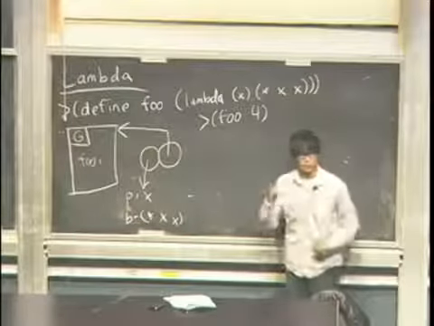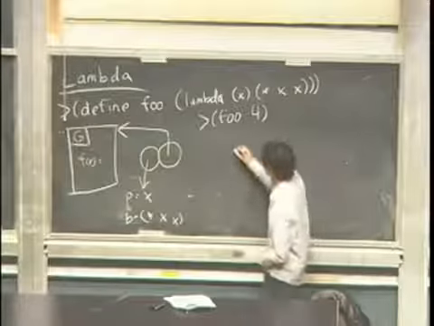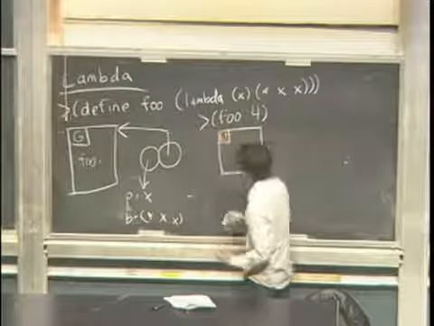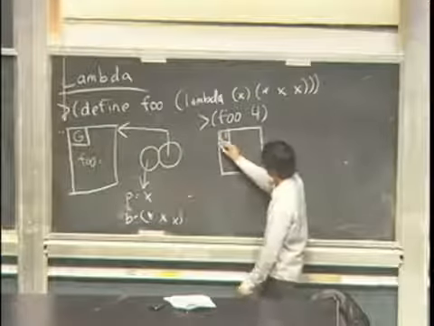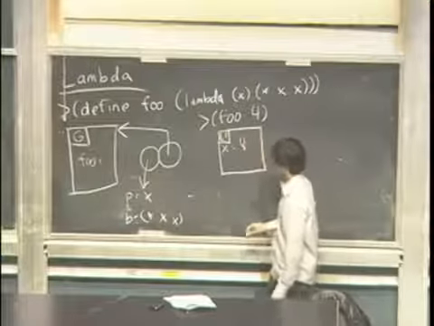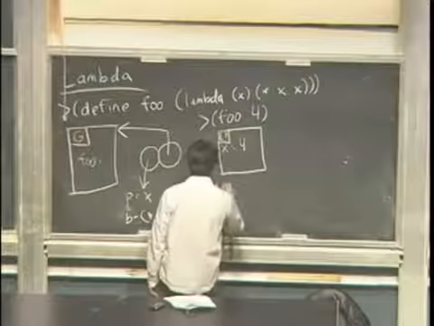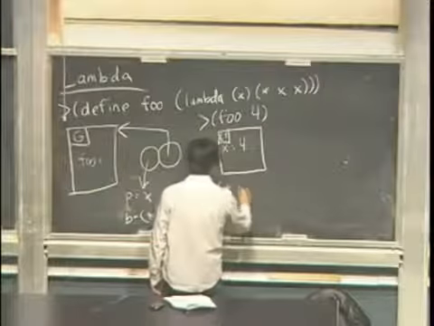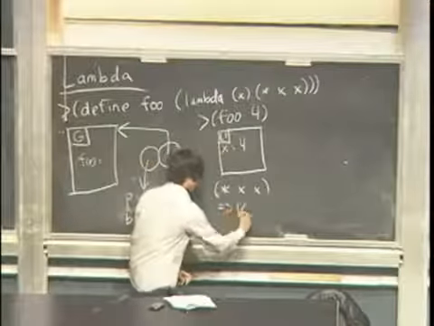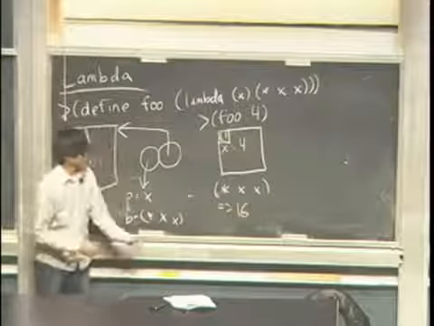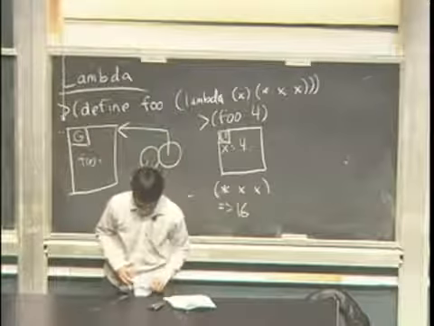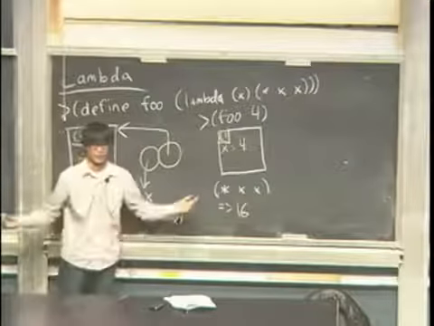And that involves creating a new environment, binding the formal parameter x to the value we passed in, which is 4. And then we can evaluate x times x within this environment, which yields, as expected, 16. So that was a fairly procedural process you will all learn how to do.